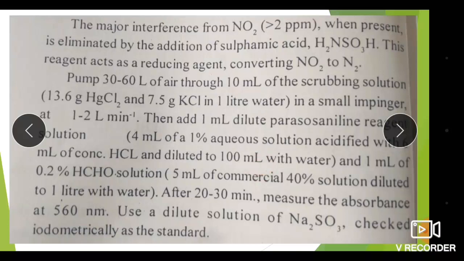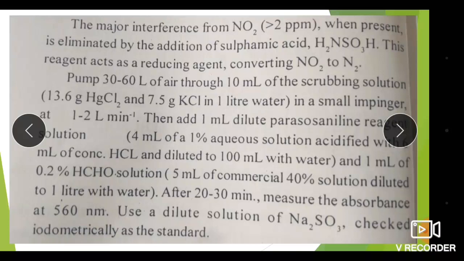The major interference during the measurement of this SO2 is NO2, which is present at less than 2 ppm. It is eliminated by adding sulfamic acid, and this reagent acts as a reducing agent, converting NO2 to N2.